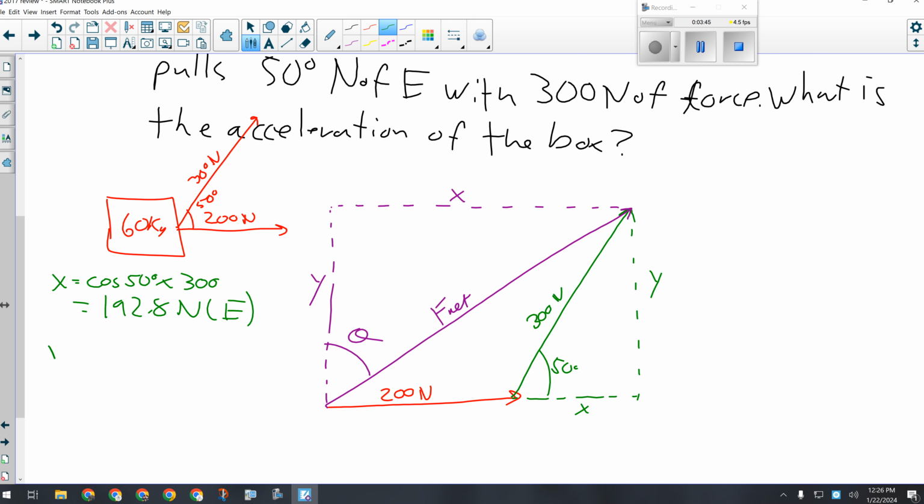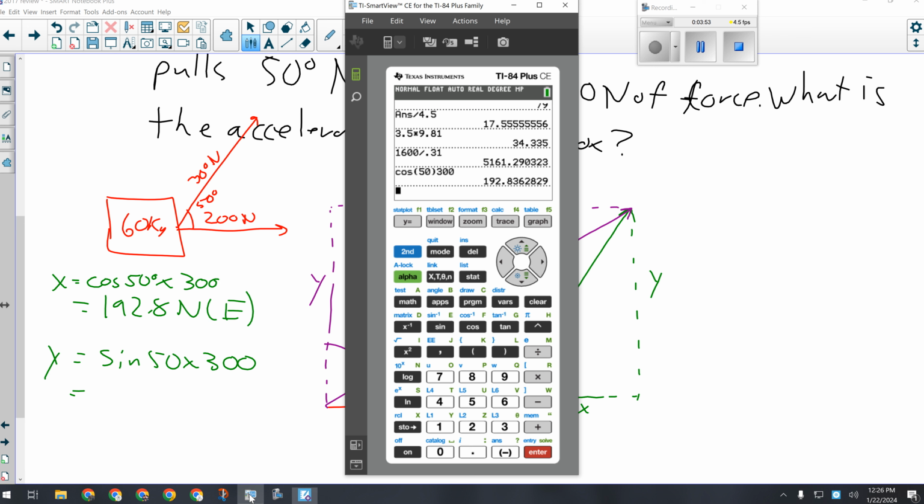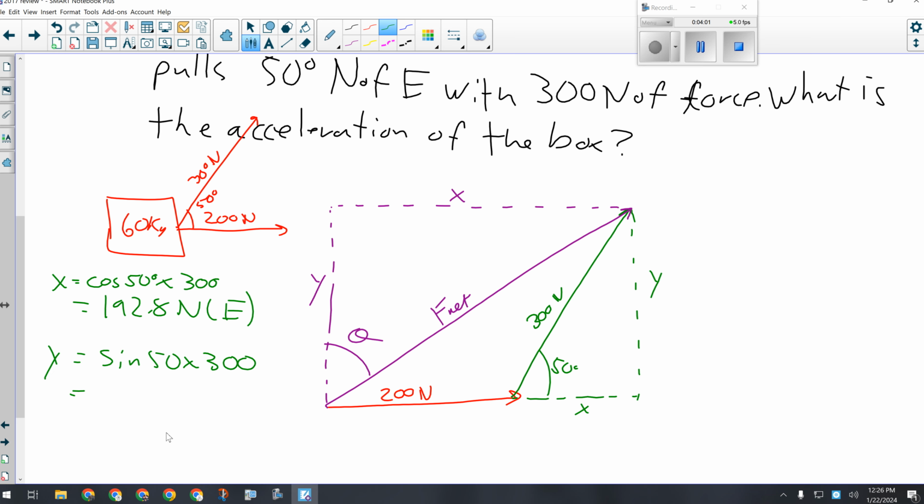The Y component is the opposite side, so it will be the sine of 50 times 300 newtons, so 229.8 newtons, and that is north.